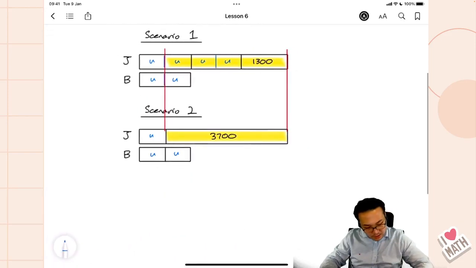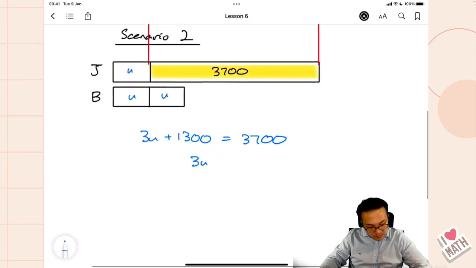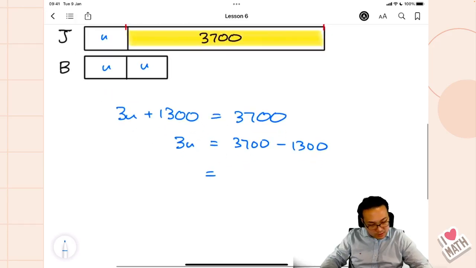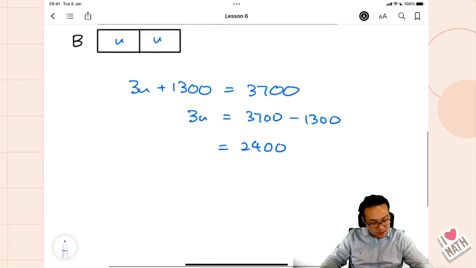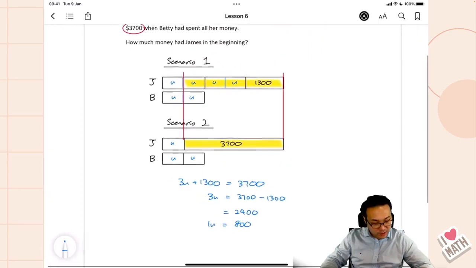Let's write it down. 3 units plus 1,300 equals 3,700. So 3 units must be equal to 3,700 minus 1,300, which will give us 2,400. So from here, 1 unit must be 2,400 divided by 3, 800. Okay, now we managed to find how much is 1 unit.